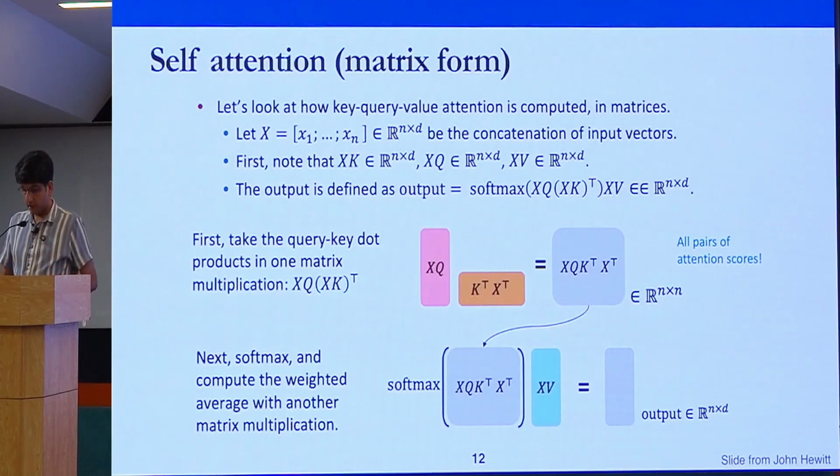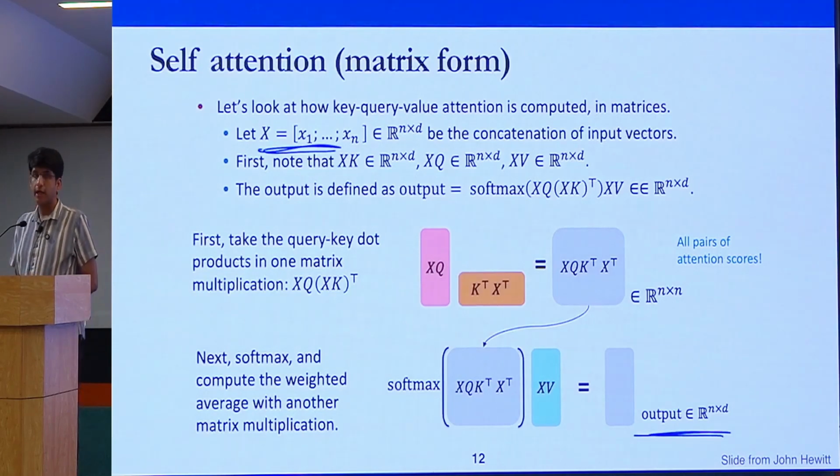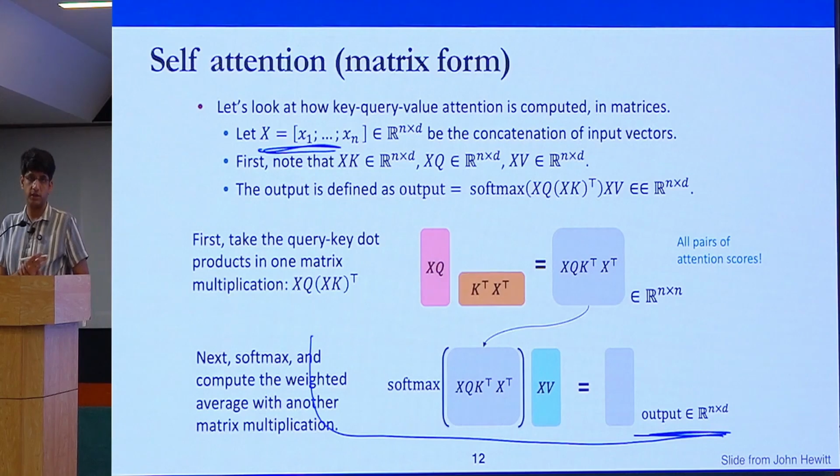But this can be done in matrix form, and on GPUs, matrix multiplication is about as fast as almost vector to vector multiplication. So you are almost able to go from embeddings like this X to outputs in no time. It's almost one big set of matrix multiplication operations, so it happens really, really fast.